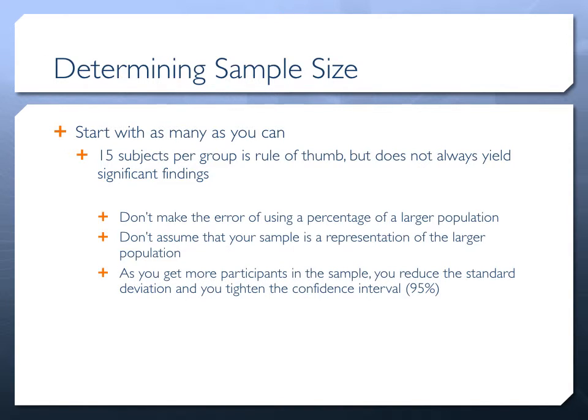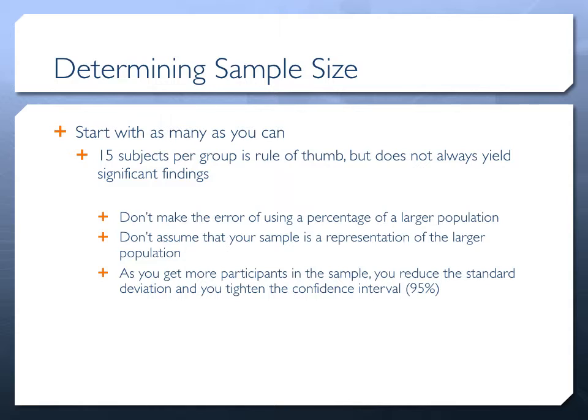As you get more participants in the sample, however, you do reduce the standard deviation, which is nice, because then you tighten the confidence interval, which means the confidence that you can reject the null hypothesis.